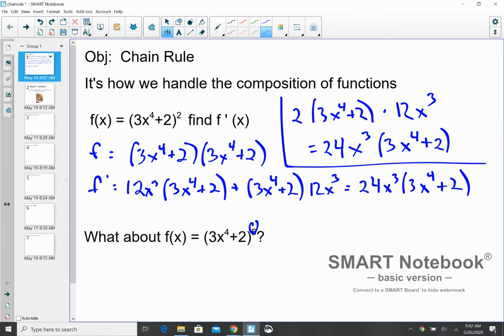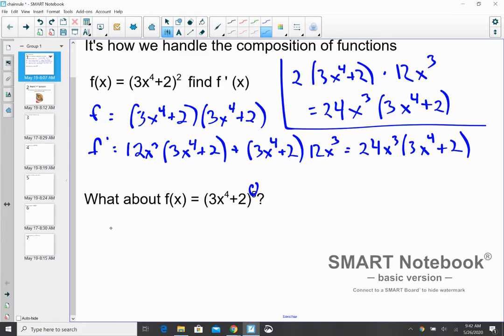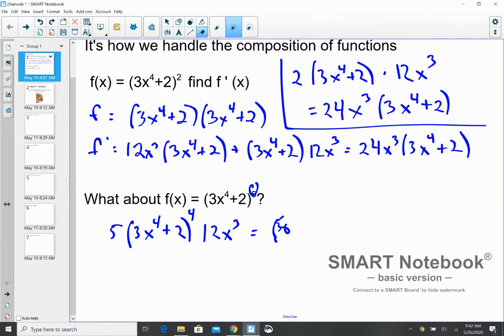Okay, let's do this one without explanation. So it would be 3x to the fourth plus 2 times, now to the fourth power, times 12x to the third, which then simplifies to, that's supposed to be a 60.